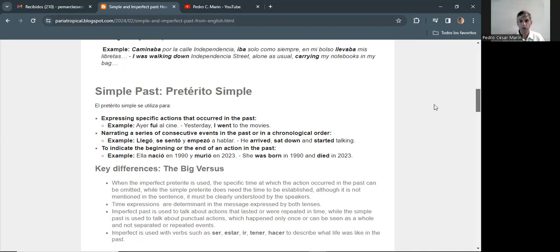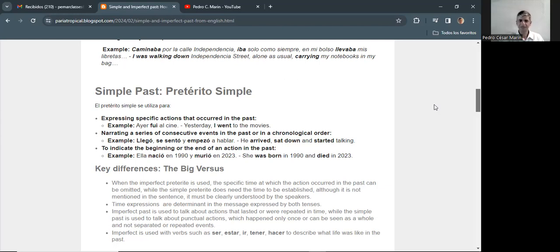Well, you are the one who wants to express the message, so you know the way you want to say it, and you also know how you want the other people to feel with your story, with your phrases. So, llegó, se sentó y empezó a hablar is just expressing the chronological order of the events. He arrived, sat down, and started talking.